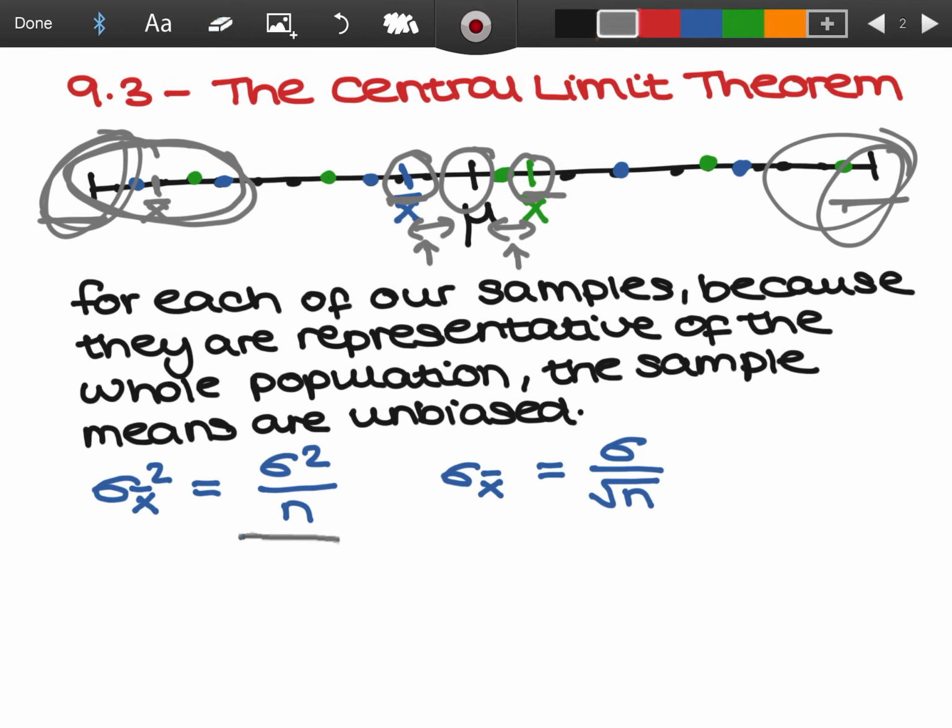That makes sense with what we have here, okay, with our fractions. You are taking the variance of the data points and you are dividing it by some number that is greater than 1, okay, because you're going to have at least 1 point in each sample. So because you are dividing it by a whole number greater than 1, it must mean that you are reducing the value of the variance.